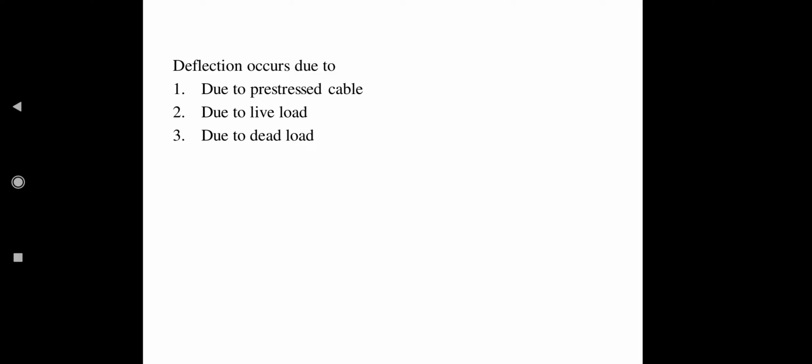First let us see how the member undergoes deflection and what is the amount of deflection due to the prestressed cable, and how to calculate the deflection due to prestressed cable.